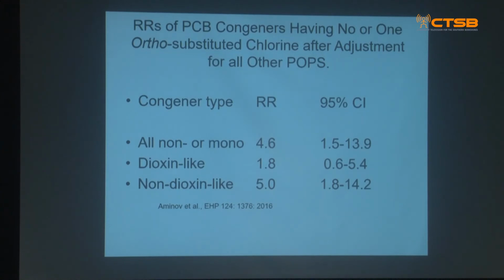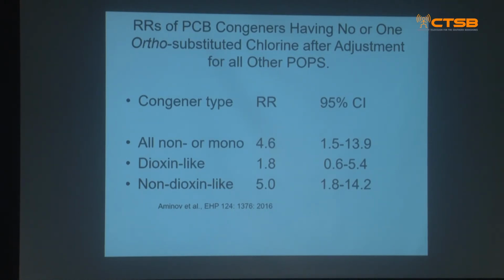Now, there is another concern. Some PCBs are like dioxin. Dioxin was what was in Agent Orange, a proven human carcinogen. So we looked at those that were dioxin-like versus those that had few chlorines that were non-dioxin-like. The dioxin-like PCBs had no significant effect.